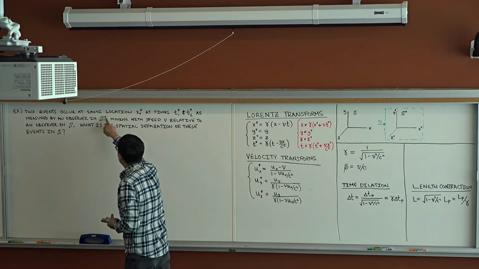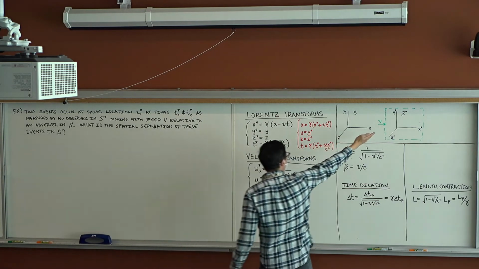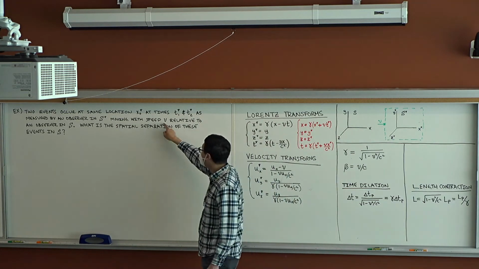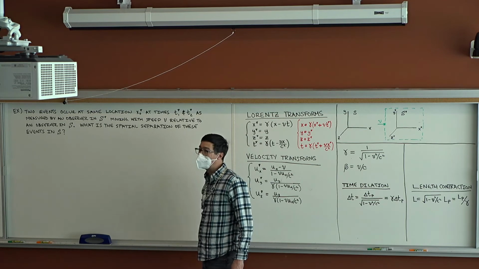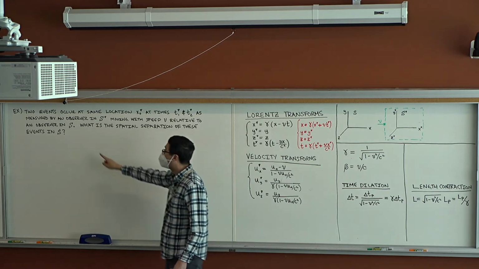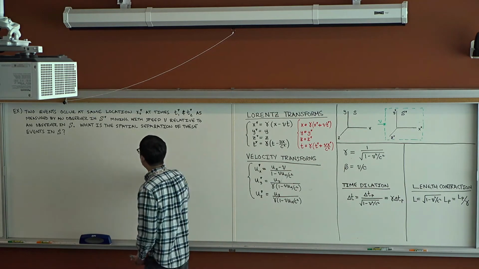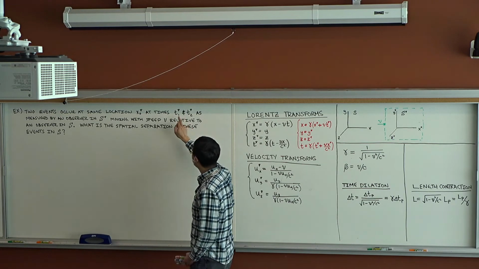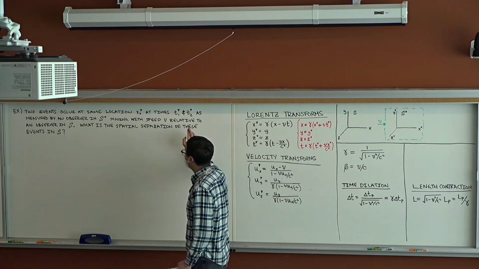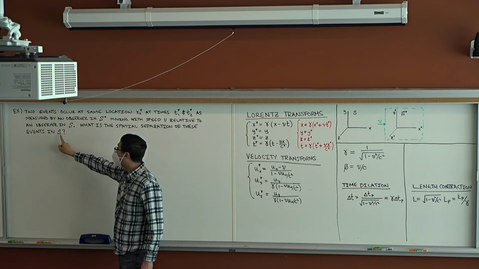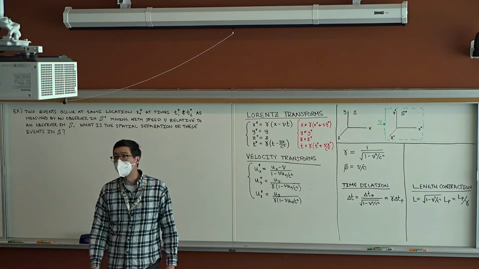S prime, as we've been saying, is moving with speed v relative to the observer in S, the unprimed frame. We want to know how far apart these 2 events are as measured in the unprimed frame.